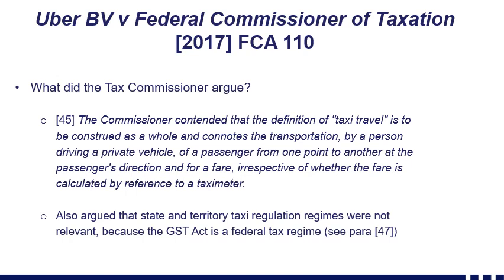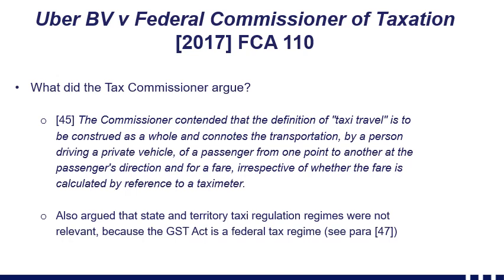So you can see in the Federal Court's judgment that the Commissioner contended the definition of taxi travel is to be construed as a whole. It connotes the transportation by a person driving a private vehicle of a passenger from one point to another at the passenger's direction and for a fare.